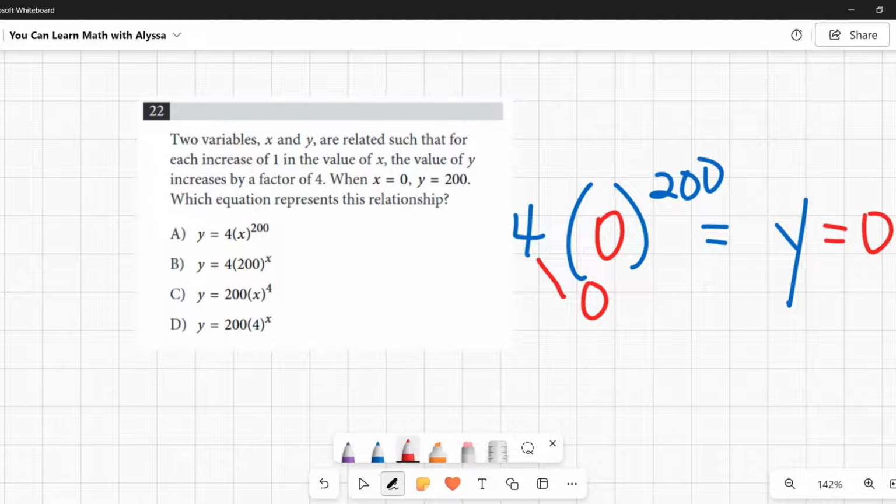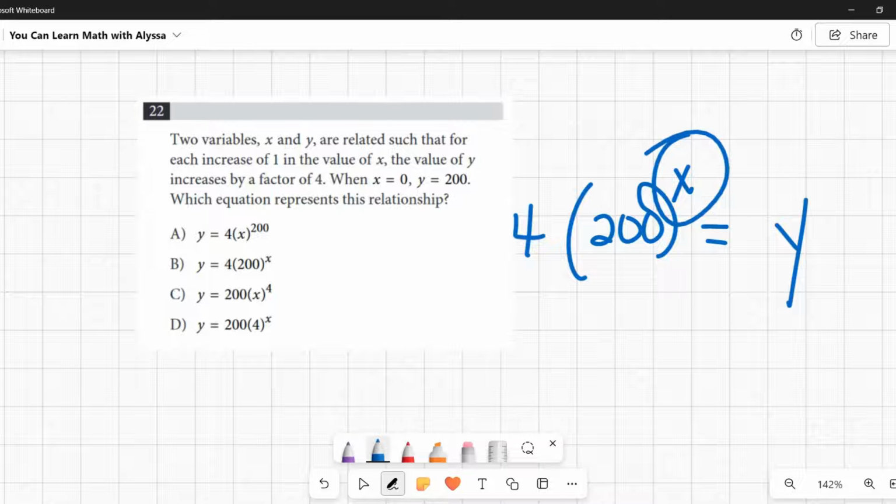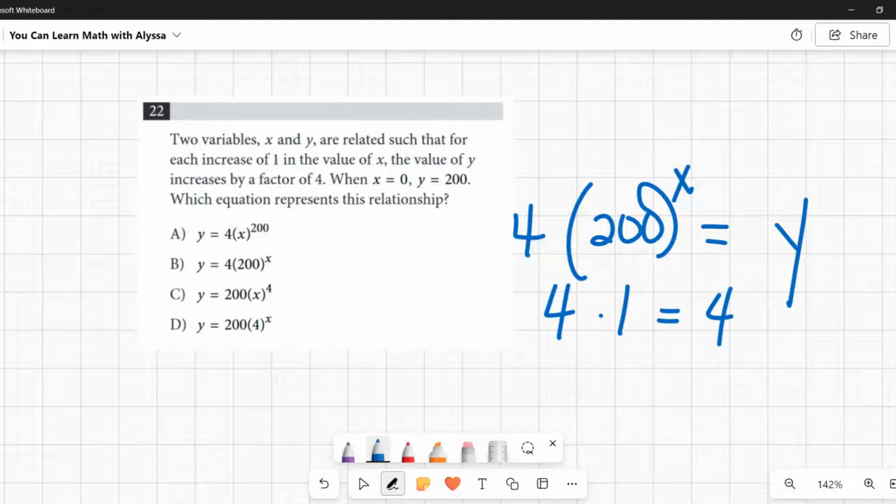So y would equal 0, not 200. Okay, that one is out. Our next one is 4 times 200 to the power of x. Does that mean that y is 200? Well, what happens if x is 0? 200 to the power of 0 is 1. 4 times 1, is that 200? Nope, it's 4. That one's out.